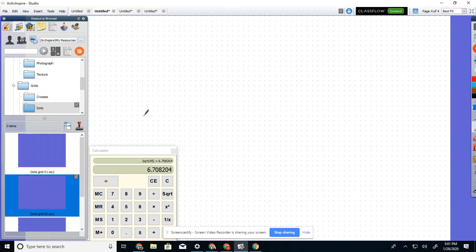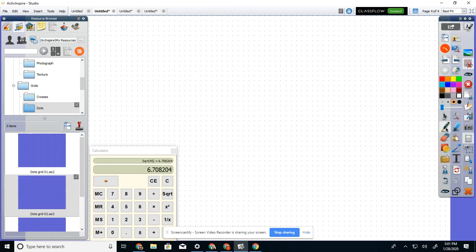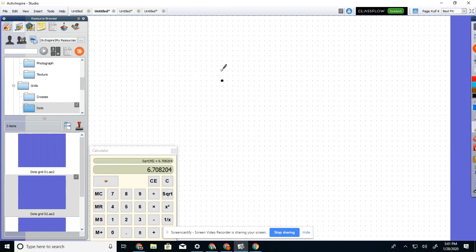Okay, so we start here. Up 2, over 5, 1, 2, 3, 4, 5. Over 2, down 5, 1, 2, 3, 4, 5. Down 2, over 5, 1, 2, 3, 4, 5. And here, we have this shape.